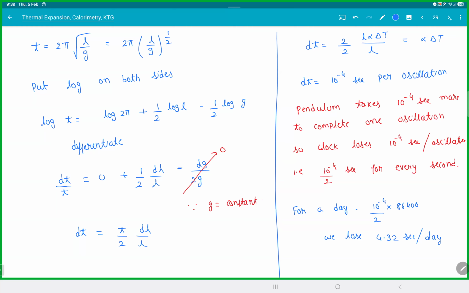Clear with this? It's a good one. Now, if you're wondering where you have seen something like this, there is a formula like this. If you have A is equal to P power X, Q power Y, R power Z, we have done this in the power rule: dA by A is equal to X into dP by P, Y into dQ by Q, Z into dR by R. Remember the power rule?